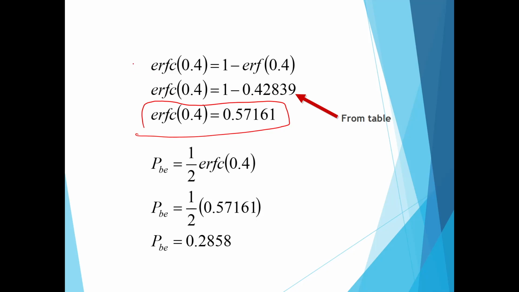So ERFC, you see that the first row here is based on the error function table. So you find 0.4 from the ERF table, the error function table, which is the first table.